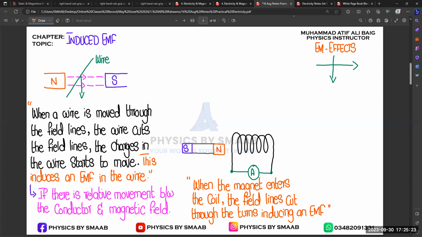So you can see there are two situations, and in both situations you are getting an induced EMF. So both possibilities are there, right?